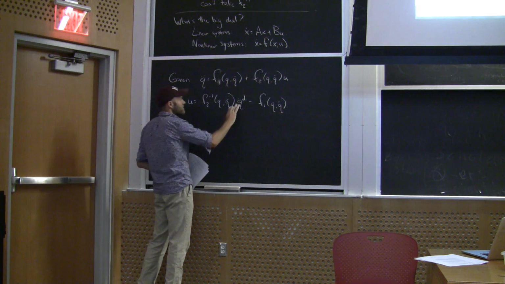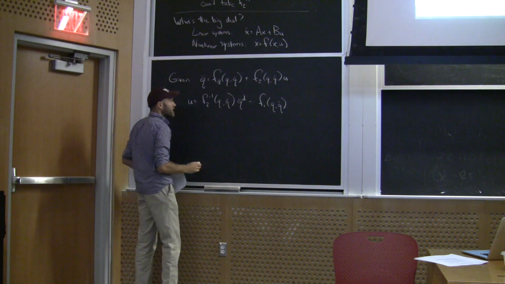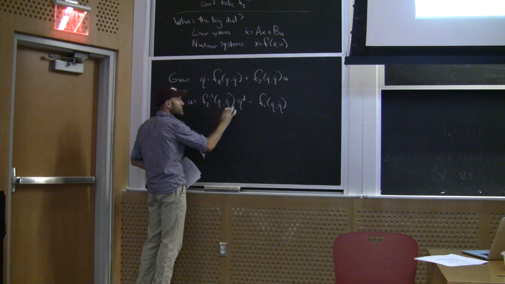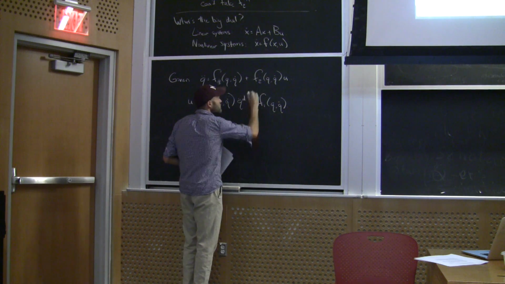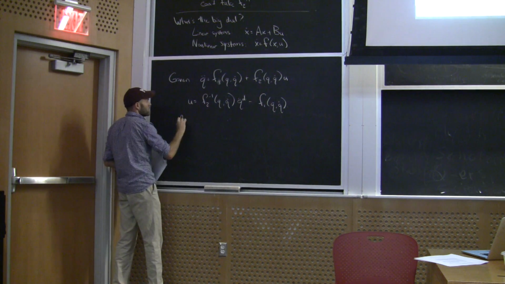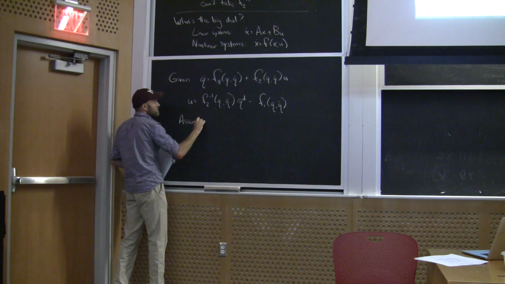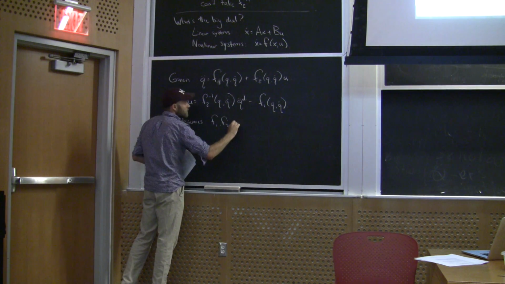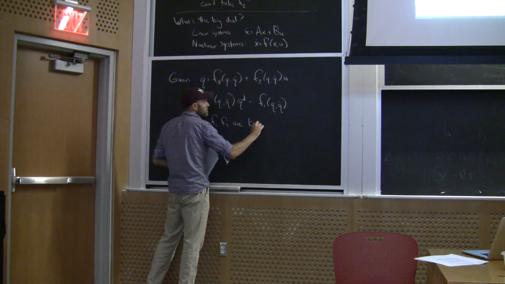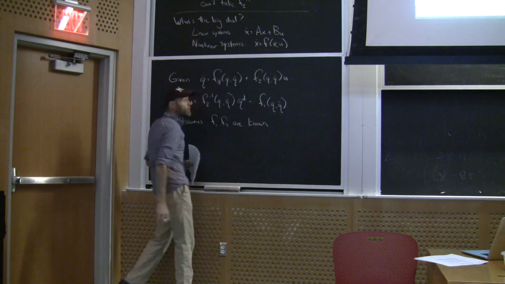I'd like it instantaneously to go in some direction, okay? Then I'm going to put that through a map. I've also assumed here that F1 and F2 are known. So I have a good model of my robot, okay?